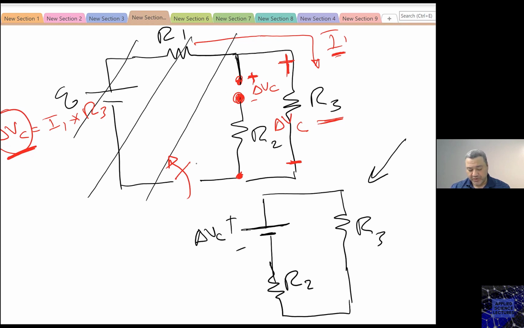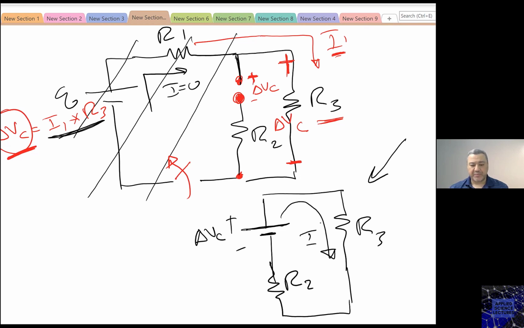This whole part, because now the switch is open, so the circuit is broken. There is no current going here. So now I can remove this part, and I replaced my capacitor that was charged with delta VC equals to I1 R3. I replaced it with a battery, and now this capacitor will be responsible for providing the current in my circuit.